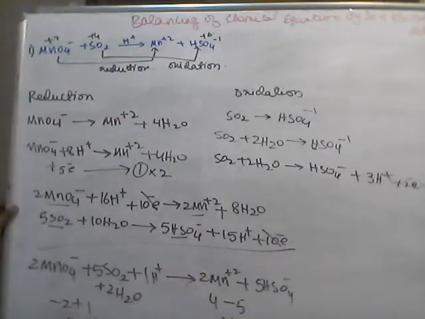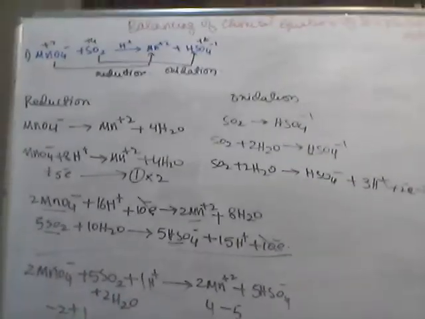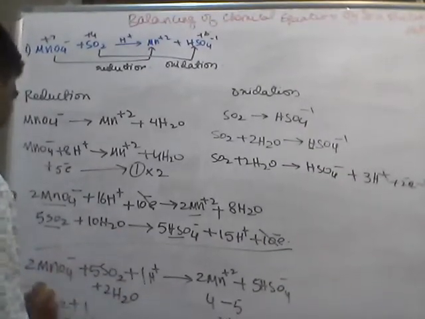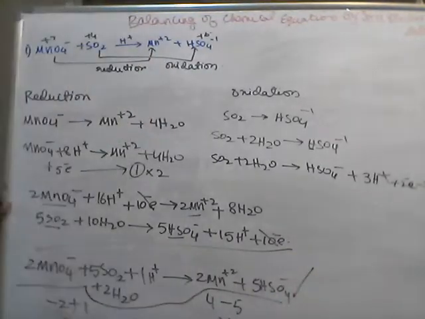Both are balanced. We got the same charge, minus 1 and minus 1. So both are balanced, meaning this equation is the correct equation. So this is how we can do the balancing of an equation with the help of the ion electron method in this manner.